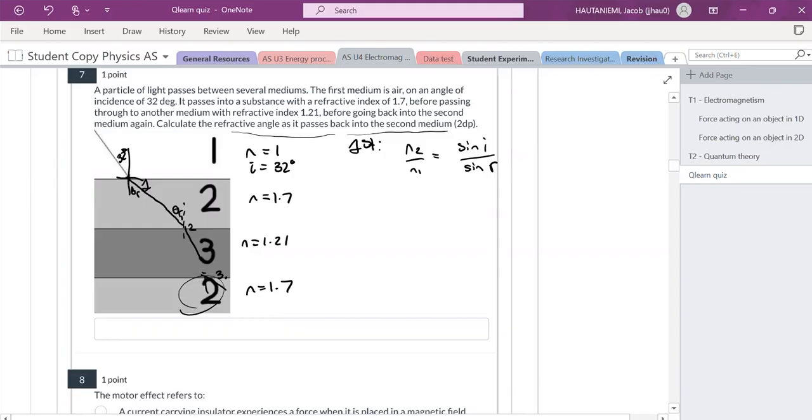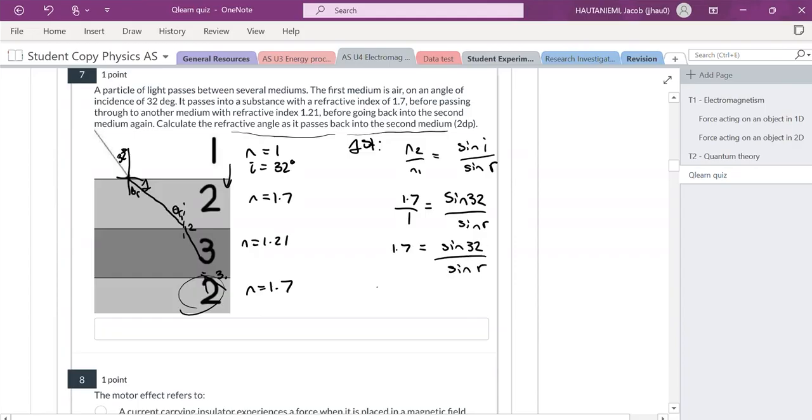As we go from 1 into 2, n2 is 1.7. n1 is coming from air, so it's 1. Our incident angle is 32 degrees, and we're looking to find the refracted angle. So let's rearrange this. 1.7 divided by 1 is just 1.7. That's an easy one.